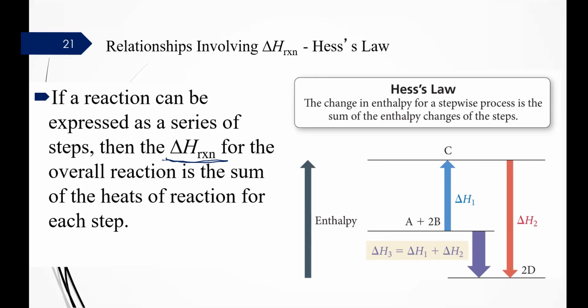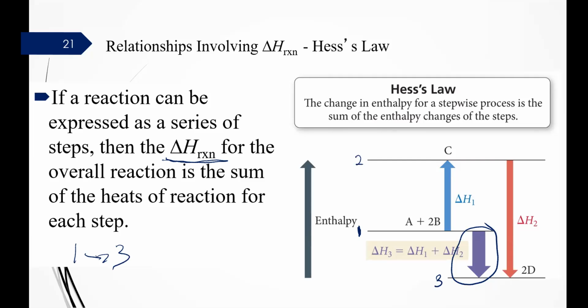So let's take an example. On this change here, what we're really looking for is this purple arrow. We would like to know what it looks like to go from part 1 to part 3 directly. But we don't have the enthalpy change to go from 1 to 3.